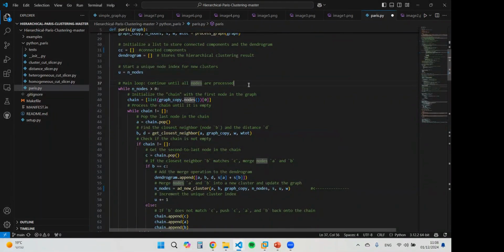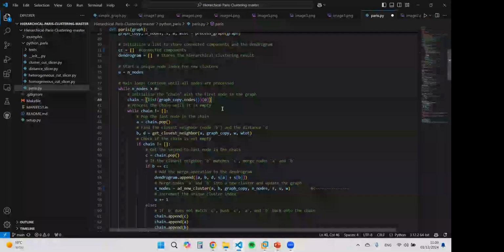It loops until all the nodes are processed, which is until we have only one node. We first of all initialize the chain and put the first cluster in the chain. The chain is the matrix, actually. It's an adjacency matrix, as we saw earlier, 2 slides before.